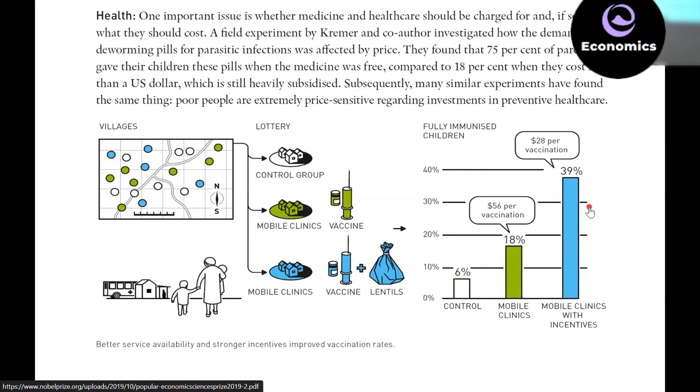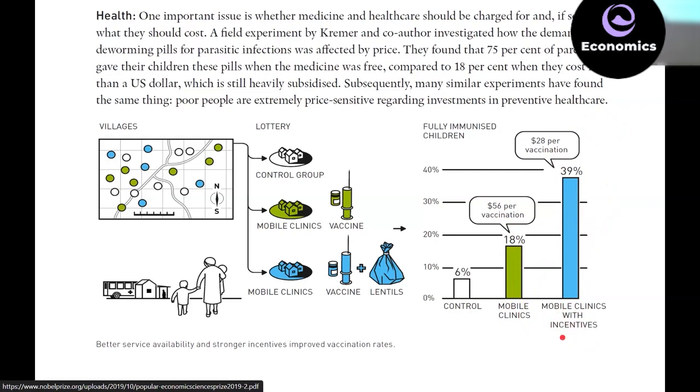And if it can increase the vaccination rate a lot, on a per capita, per vaccination basis, actually this one is cheaper, even though you provide something extra. Because it's so effective in getting people vaccinated, this one stands out. It only costs $28 per vaccination, and this one costs $56 per vaccination. This one is still helpful, but maybe this one is even more helpful, okay?